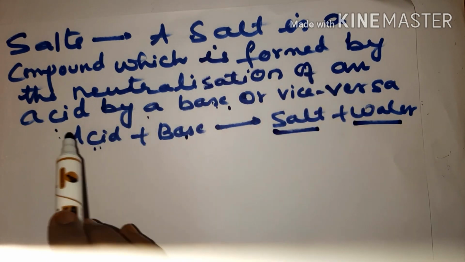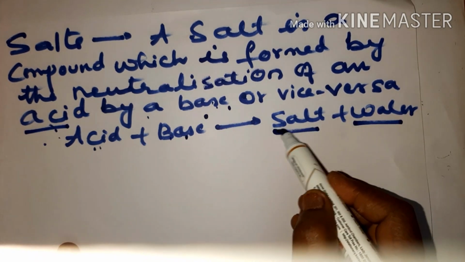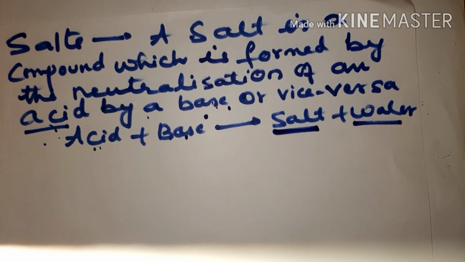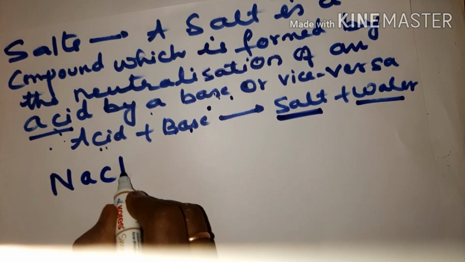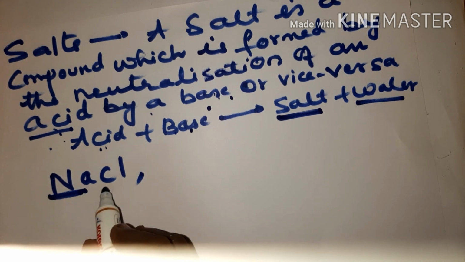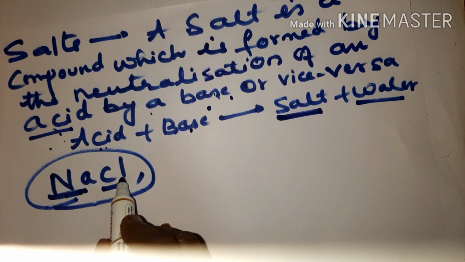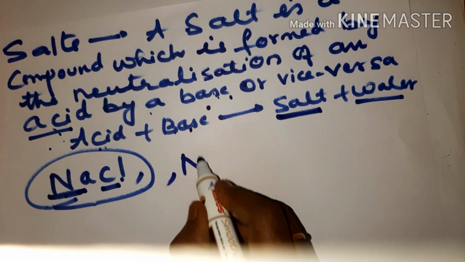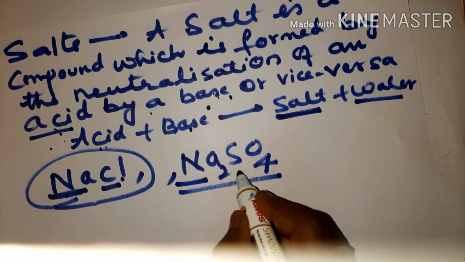So, adding equal amounts of acid to a base or base to an acid leads to the formation of salt and water. Examples: sodium chloride. A salt is a combination of a metal and a non-metal. You have Na2SO4, sodium sulfate, metal and non-metal.